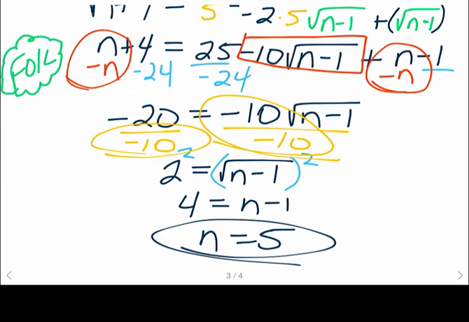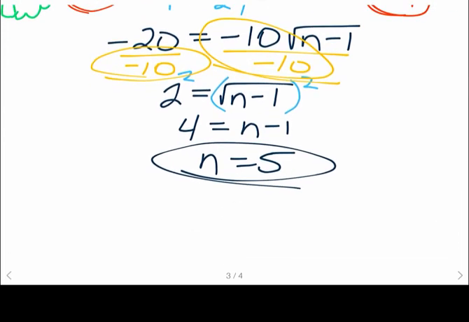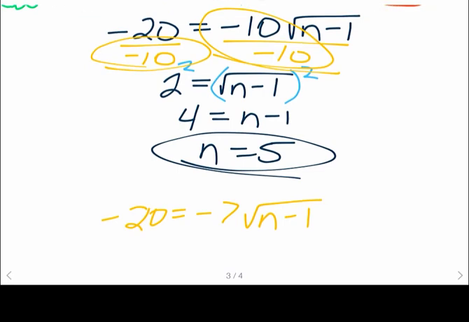Had that not happened, for instance, let's scroll down. Suppose we had something like negative 20 is equal to negative 7 times the square root of n minus 1. I would not want to divide both sides by negative 7 because then I'd have a fraction on the left-hand side, and that's not sweetening the deal for me.